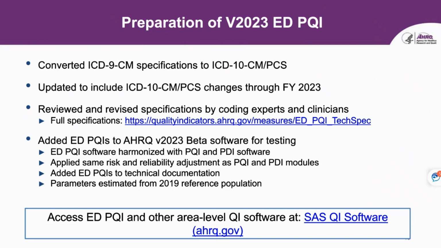The software for the measures was then updated, creating modules harmonized with other area QI software with similar risk adjustment and reliability adjustment options. The ED PQI's updated technical specifications were incorporated in documentation similar to other modules and prepared for publication. Risk adjustment parameters and benchmarks were estimated using the 2019 AHRQ data.